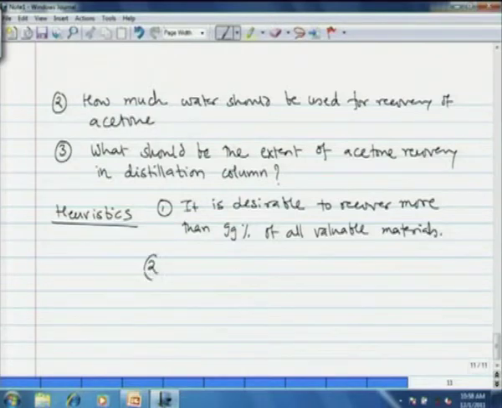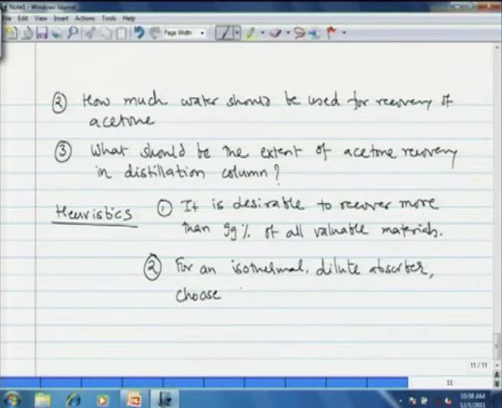And the second heuristic that we are going to use is that for an isothermal and dilute absorber, choose the liquid flow rate L in mole per hour.